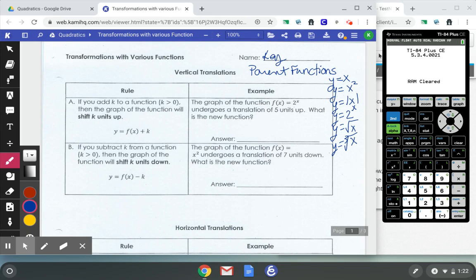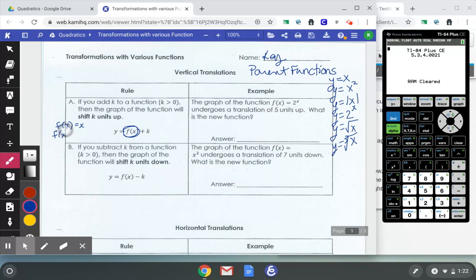Let's look at what happens if we make certain adjustments or alter our parent functions. First thing: when you see this f of x right here, that's saying regardless of what function we're looking at, if I said f of x equals x, that would be our linear equation.